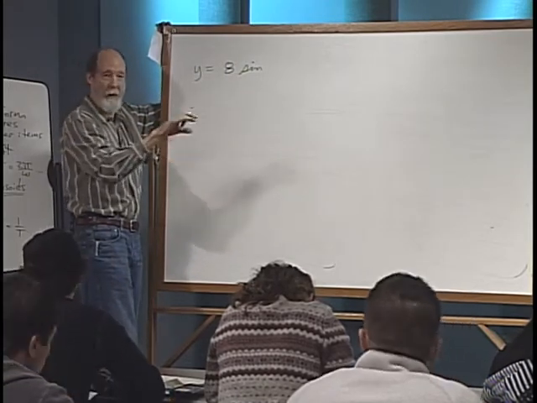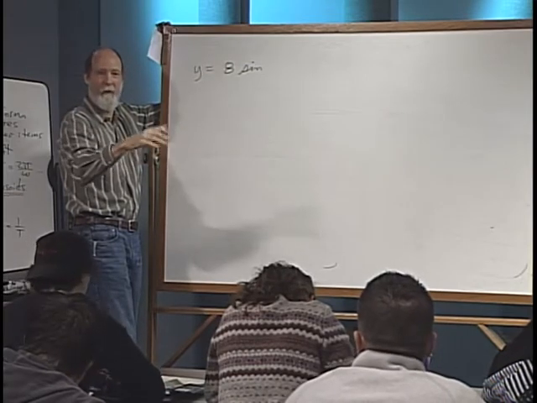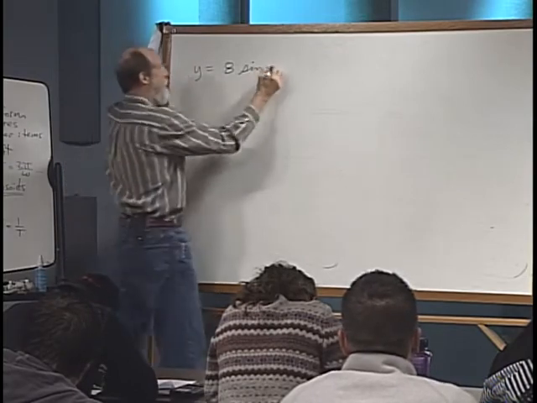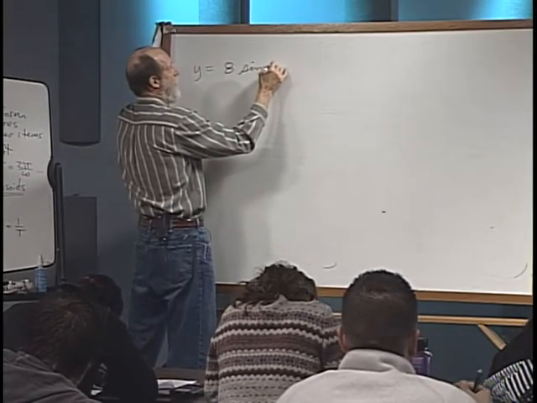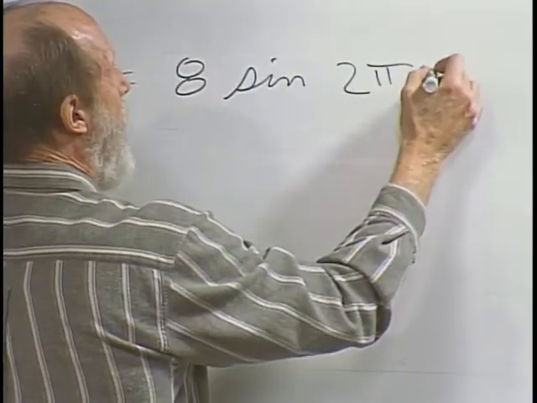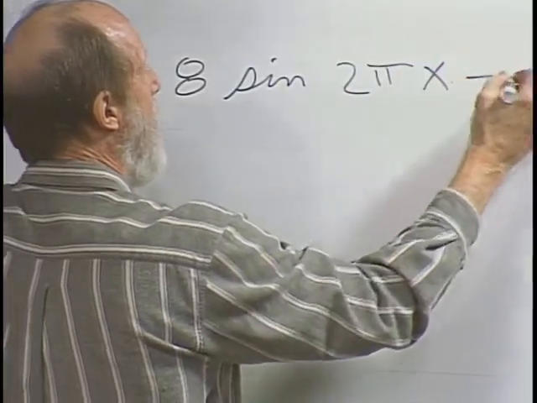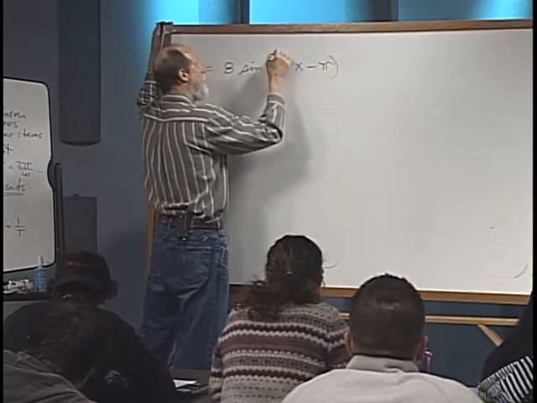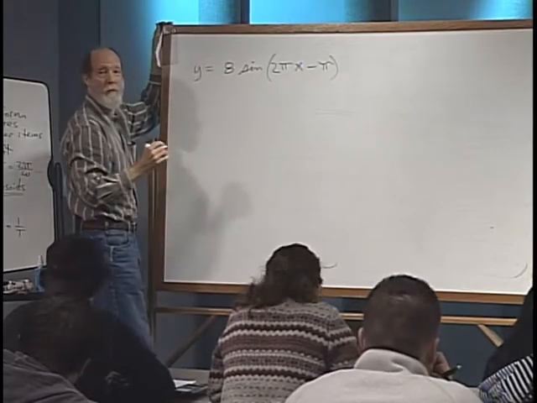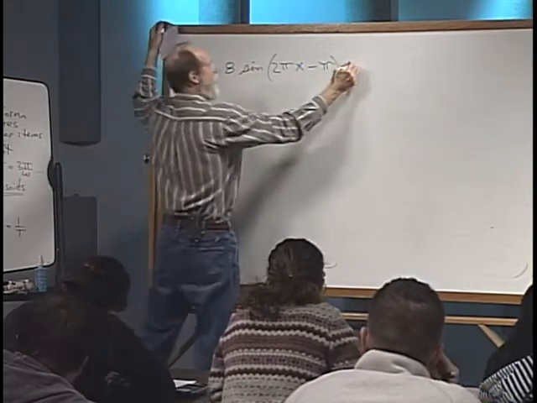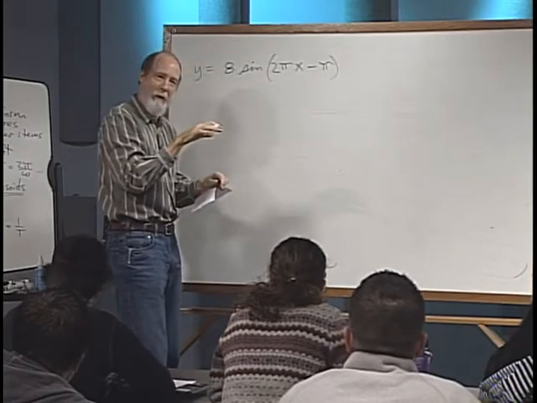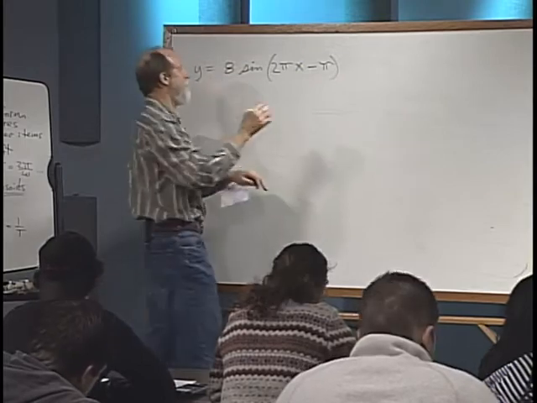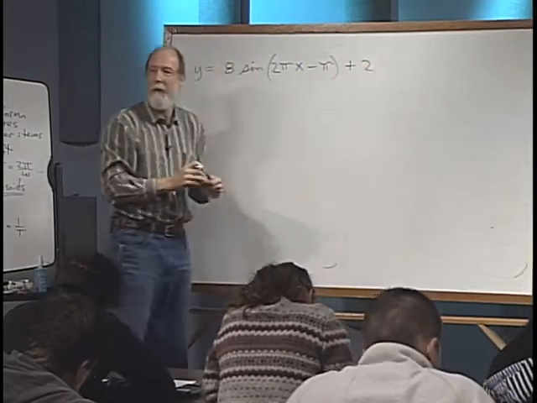I'm just going to throw something a little easier in right now instead of us knowing there's 2 tide cycles a day, and we could do it that way, but let's hold off on that. Let's just go in here and throw in, say, 2 pi x minus pi, and then let's say there's a surge that has lifted it all up by 2, so plus 2 on the tail end, okay?